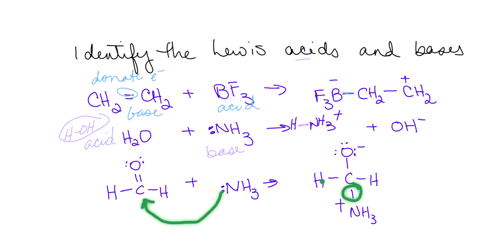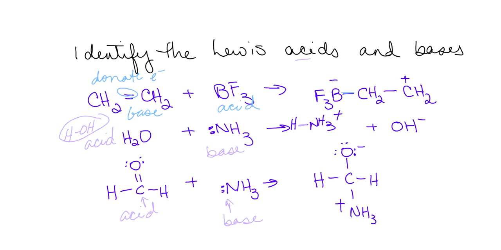Since my formaldehyde accepted the lone pair electrons, this is considered the Lewis acid. In particular, we're focusing on the carbon. And ammonia is my Lewis base because it donated the pair of electrons. So that's how we assess what's a Lewis acid and what's a Lewis base.